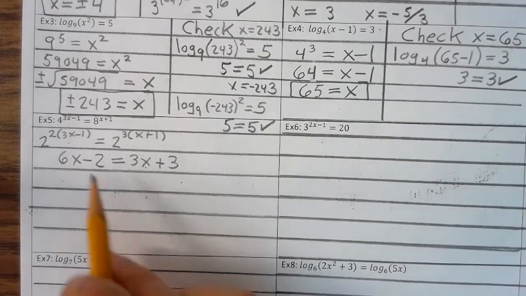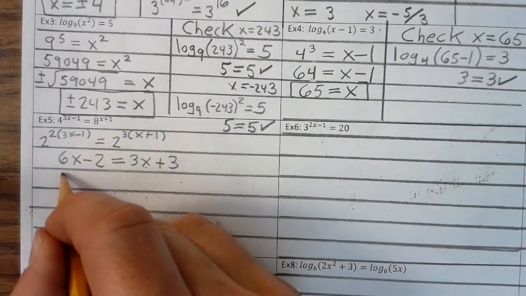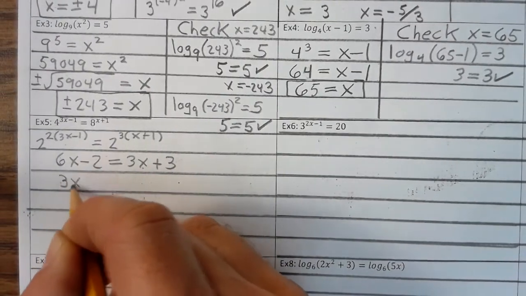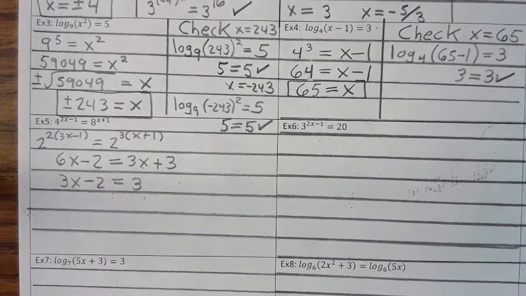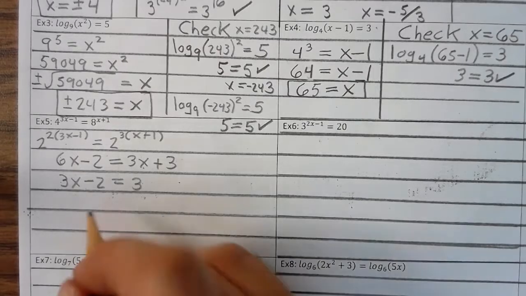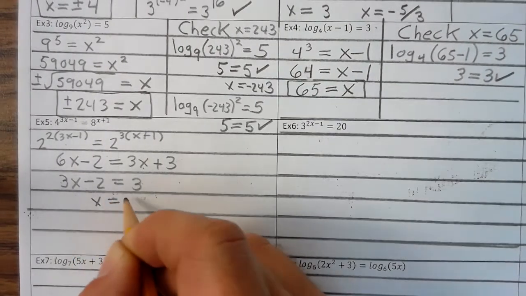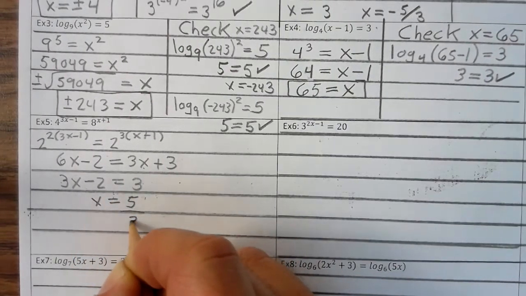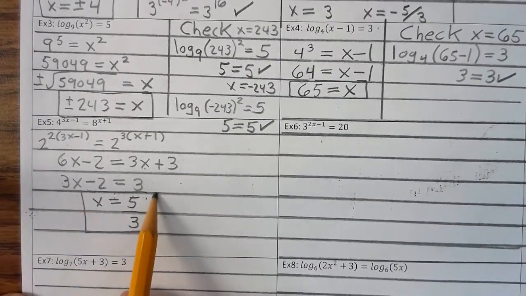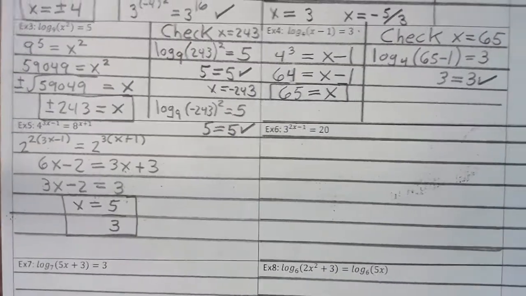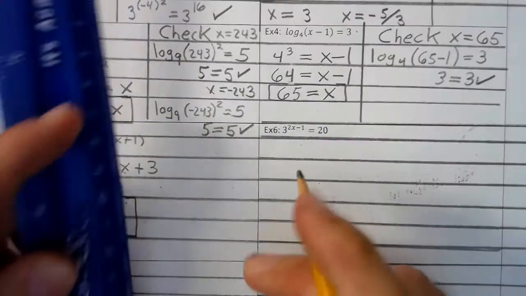We subtract 3x from both sides, so we get 3x minus 2 equals 3. And then we're going to add 2 divided by 3. We get x equals 5 divided by 3. All right, so then we're going to check.